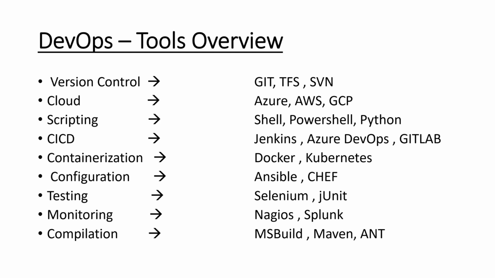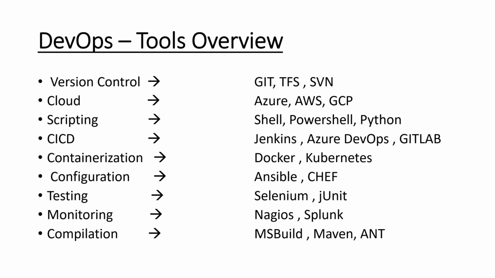Suppose in check-in 2 there is a bug, or I checked in wrongly, so I have to roll back to 1 again. That is why tracking of the history is necessary. For version control there are three tools: Git, TFS, and SVN. I'll talk about all of these briefly in the next sessions.